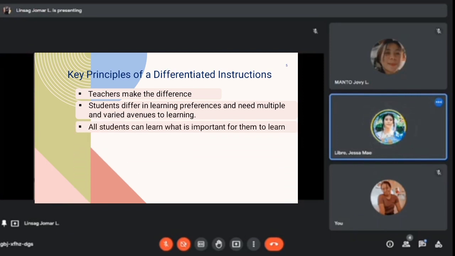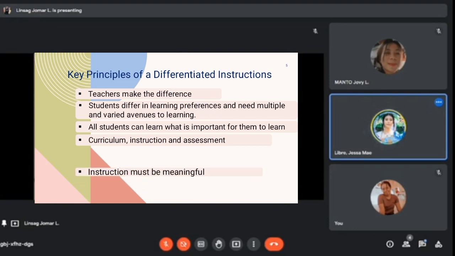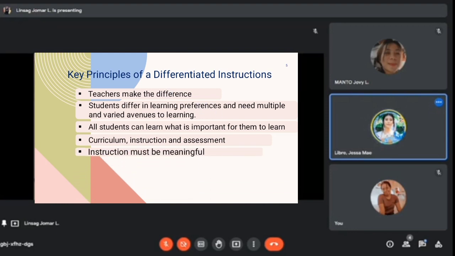Next, all students can learn what is important for them to learn: curriculum, instruction, and assessment. We have also: instruction must be meaningful. This is important to achieve understanding of the learning concept and the world around them.